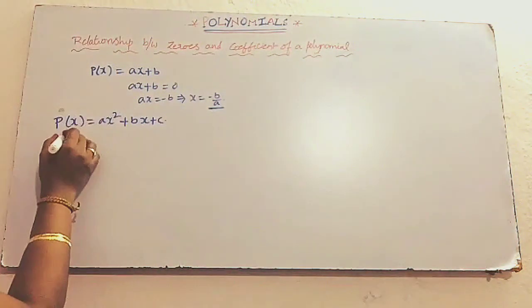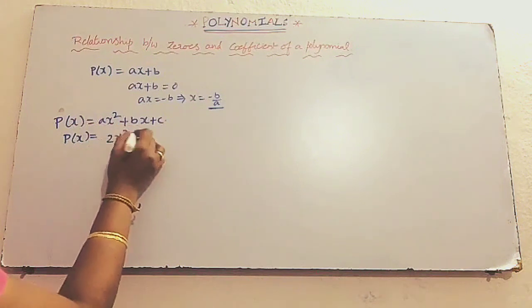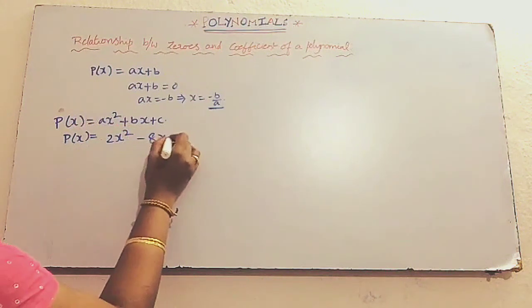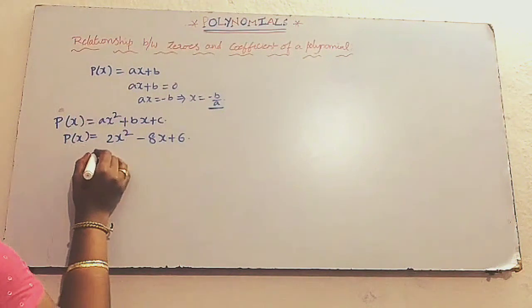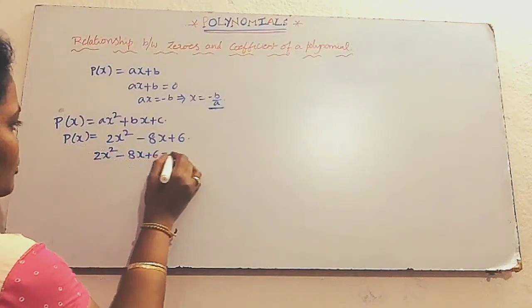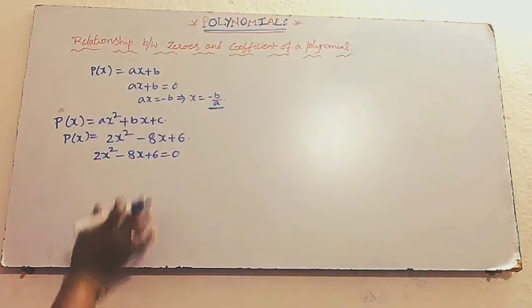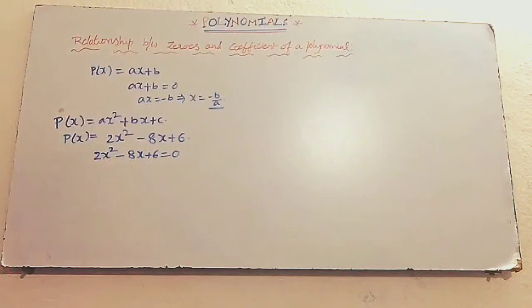I will take p of x equal to 2x square minus 8x plus 6, this quadratic equation. Then 2x square minus 8x plus 6 is equal to 0. Then we will find the roots of this quadratic equation.